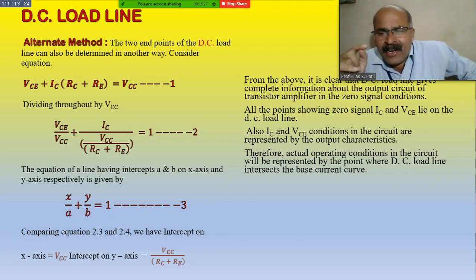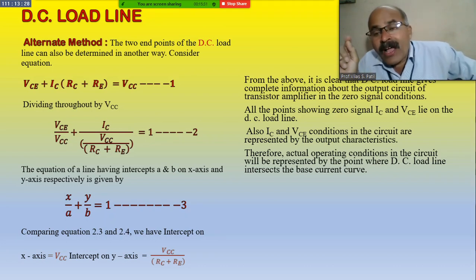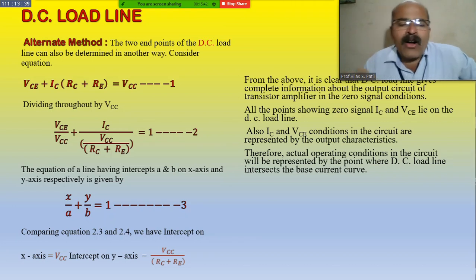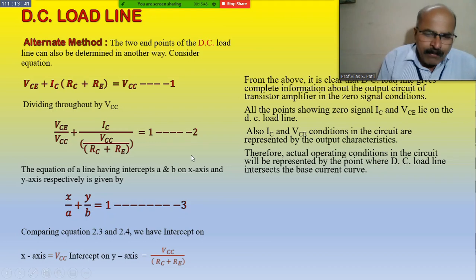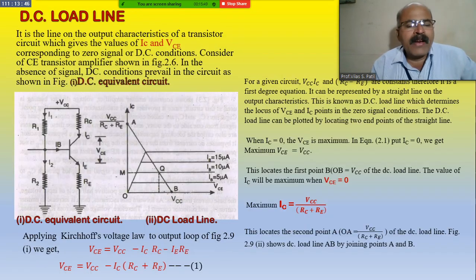Means that in DC condition only DC will be present and AC will be absent. AC will be zero or AC will be off. All the points showing the zero signal IC, VCE lie on the DC load line. Just see the diagram, friends.